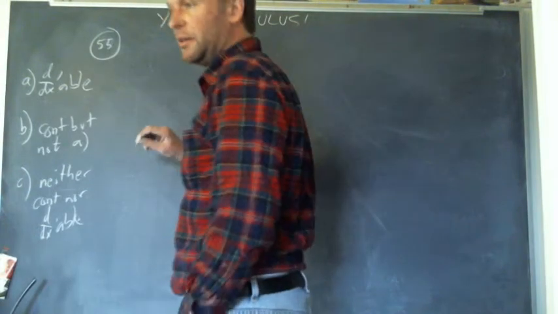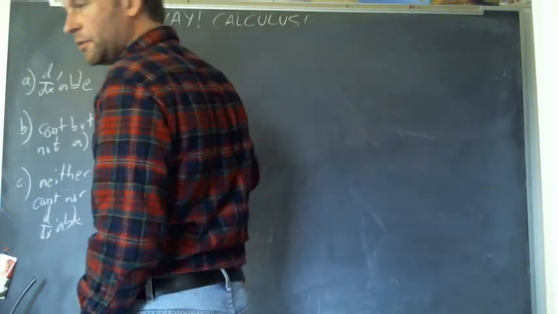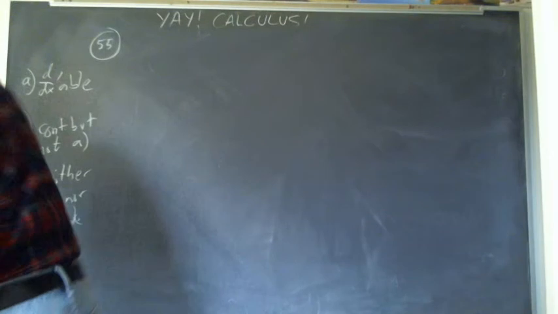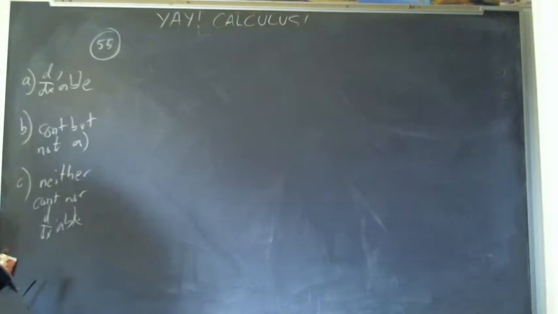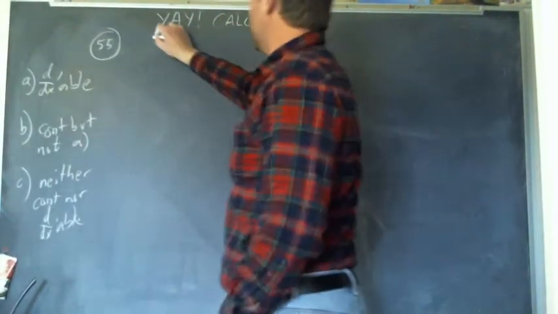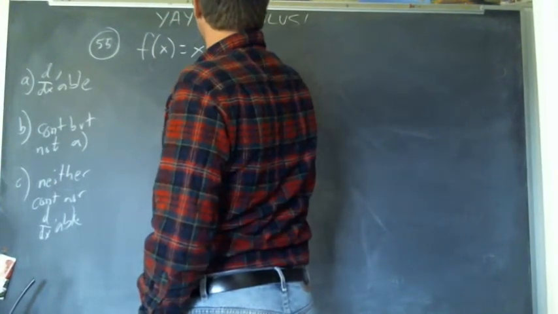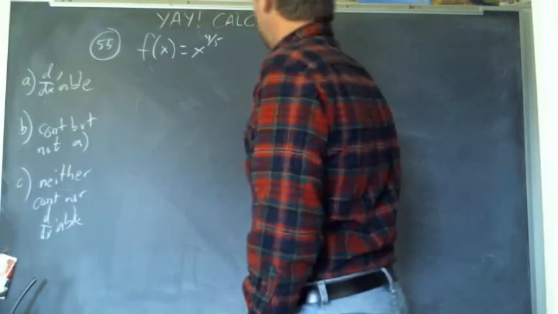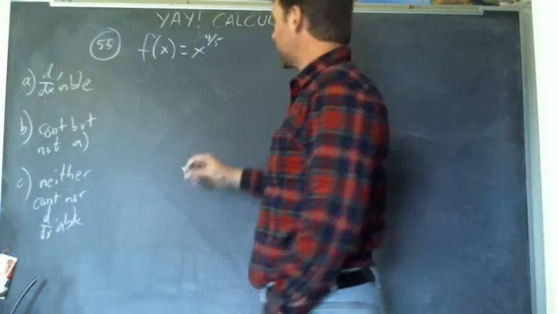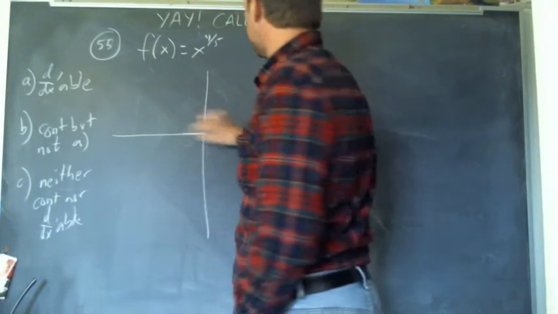All right, 55. So we're looking at f of x equals x to the 4/5. We need to work this out, so let's go ahead and graph this.